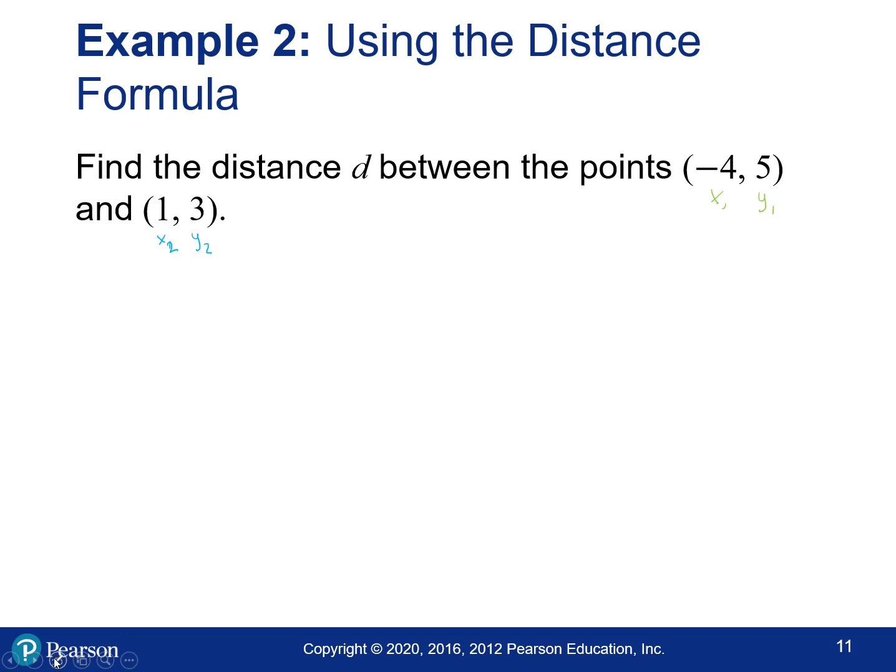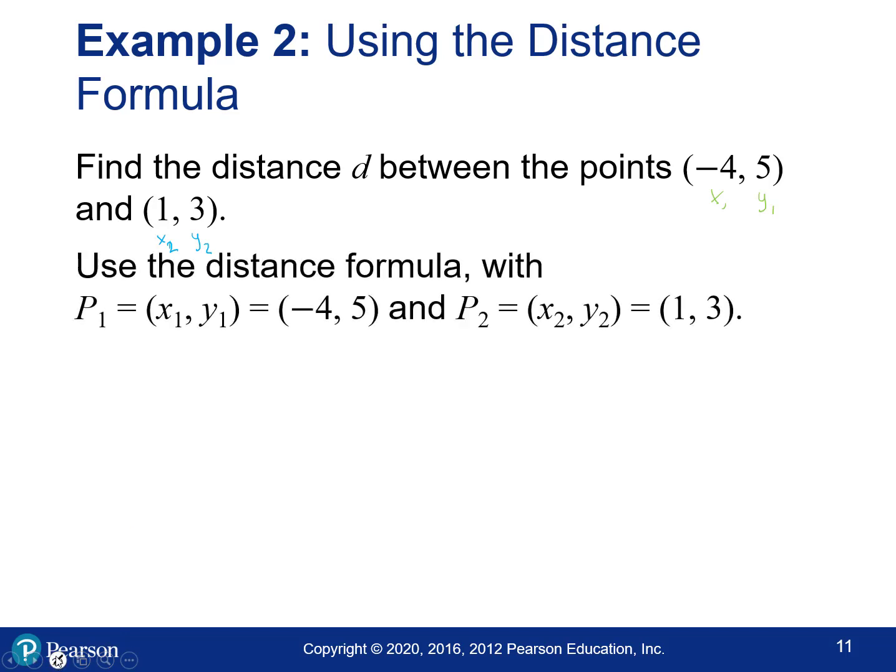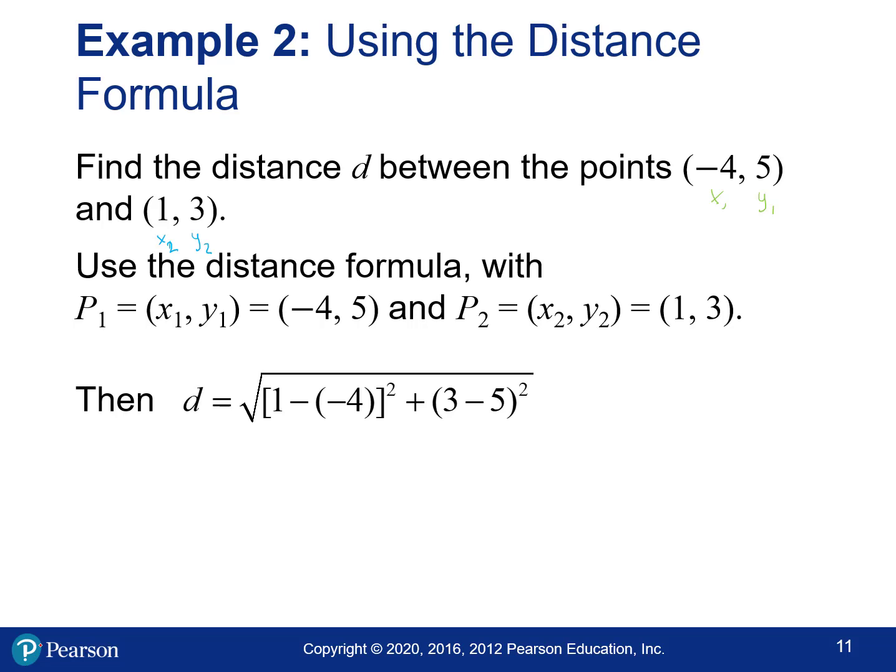You don't have to do that, but I highly recommend it. Because I see a lot of people make mistakes in their work just by switching or mixing up which points are what. So I'm going to say that my first point is x1, y1, my second point is x2, y2. And so notice in my formula, this right here is x2 minus x1.